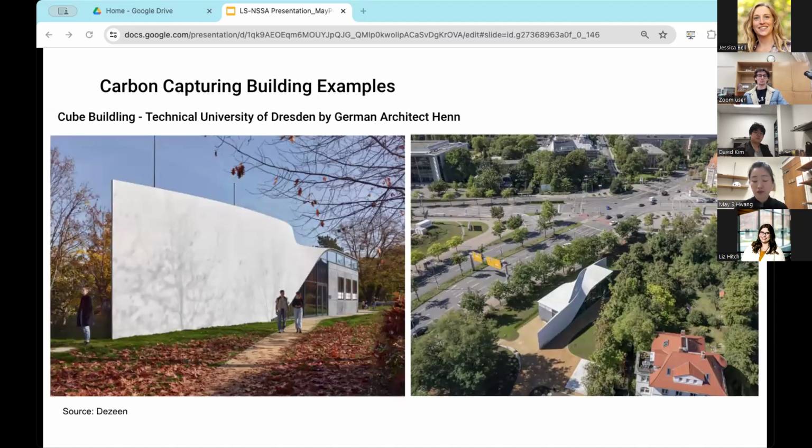And another example that nicely segues into the architecture realm is this cube building in Germany. It's used as a lab and an event space for the university campus. It's designed by a German architect and it's in the Technical University of Dresden. It is one of the first carbon concrete buildings, a form of concrete reinforced with a new material, tested with carbon fiber instead of steel.